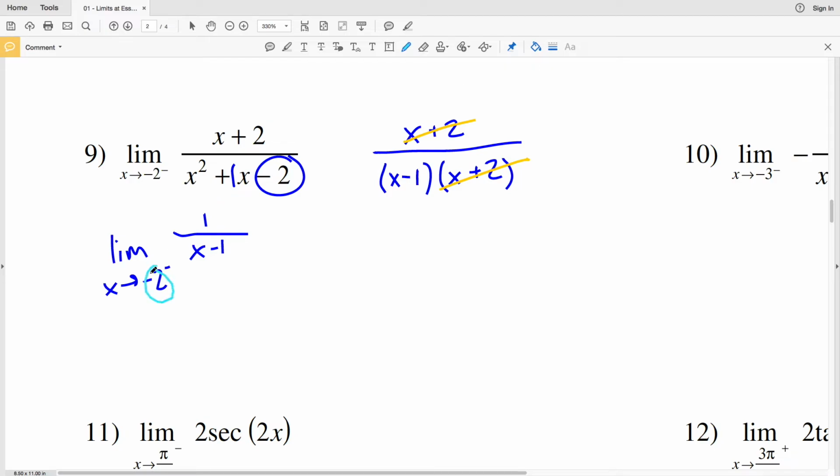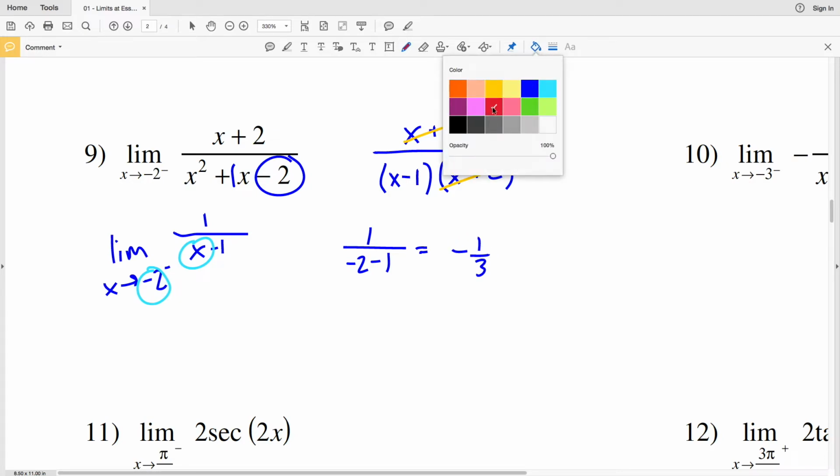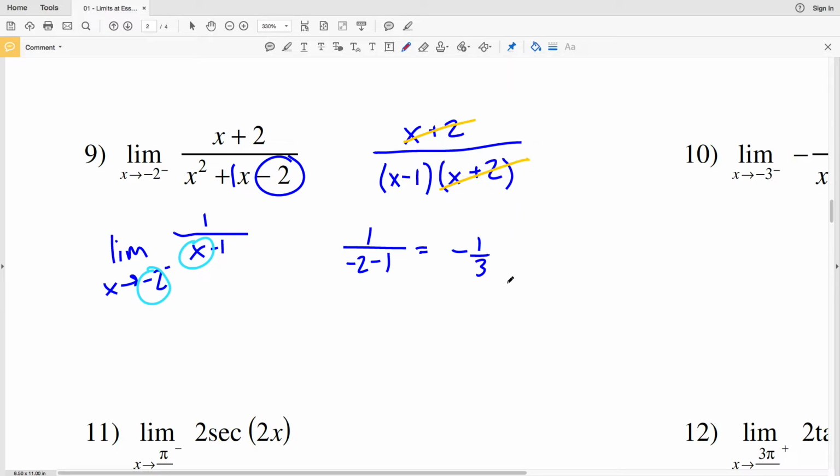But now we'd be able to use direct substitution or direct evaluation and solve, because now we can plug -2 into the denominator and solve. 1 over -2 minus 1 equals 1 over -3, or we can write that as -1/3. So the limit in number 9 is not infinity and it's not -infinity, it's -1/3. This was just a problem they threw into the worksheet to keep you thinking.